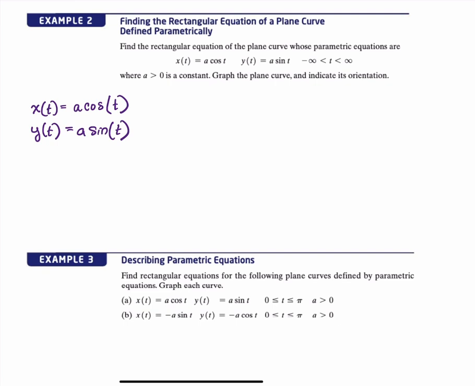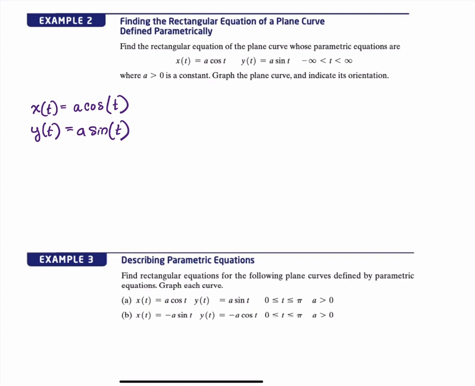So we want to turn this into just some equation with x and y. This should probably remind you a little bit of polar equations, like equations in polar form. In a sense, we were doing parametric equations at that time too, just kind of by a different name.